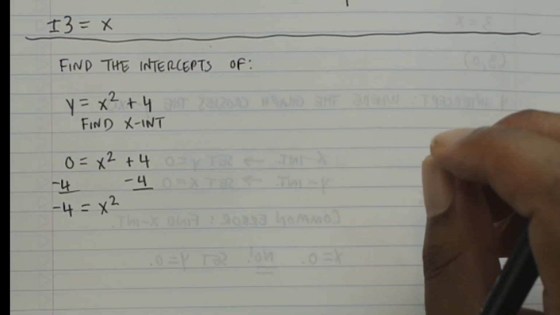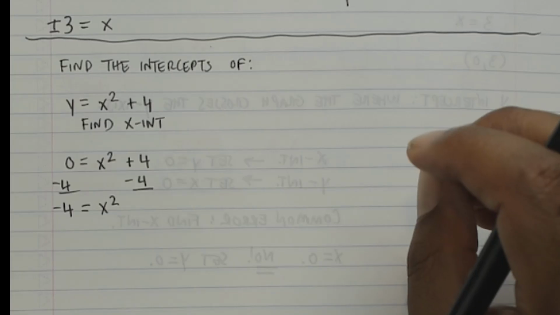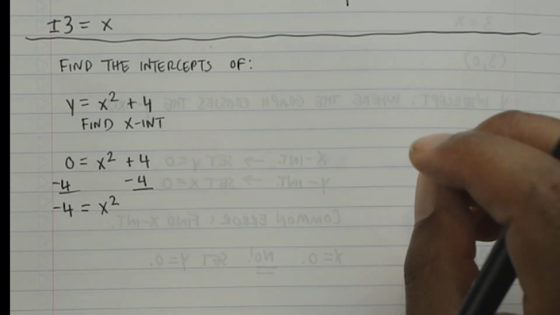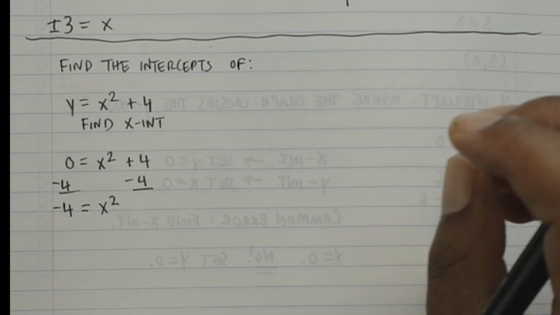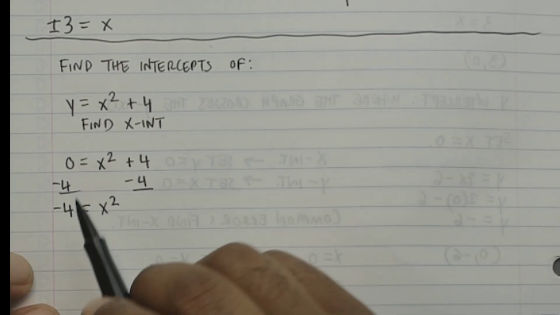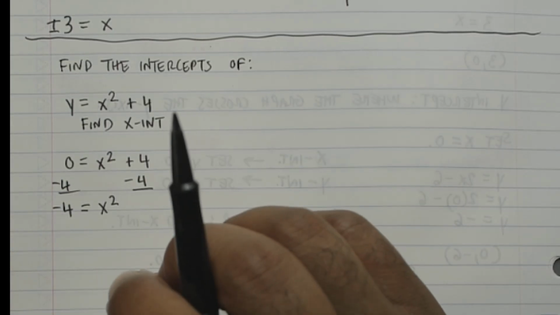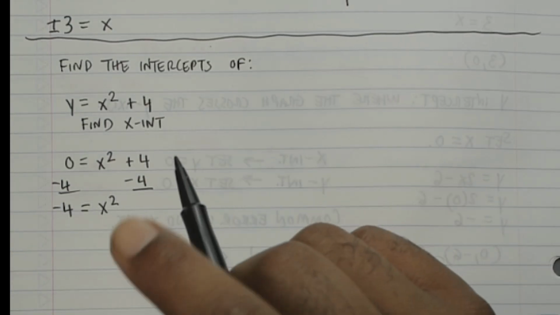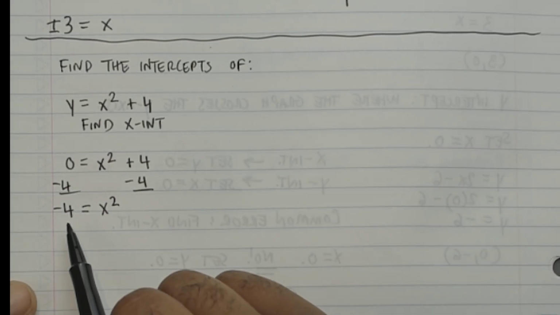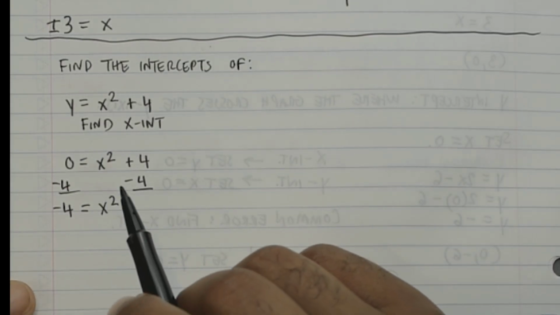Now, there is no real number whose square equals negative 4. And again, when you square a number, you're essentially taking that number and multiplying it by itself. So there is no square number that could give us negative 4.